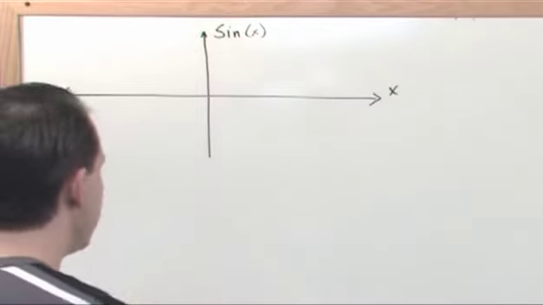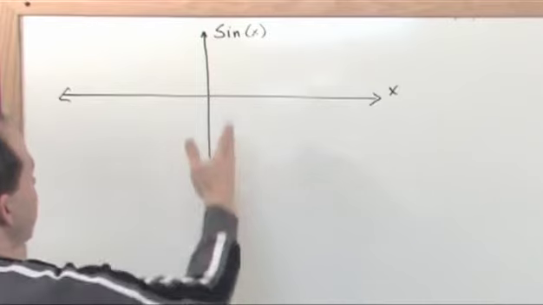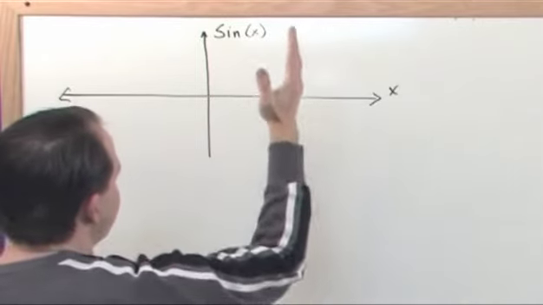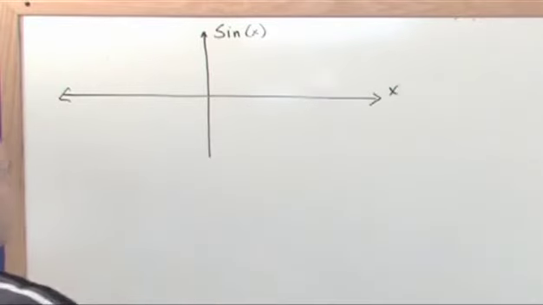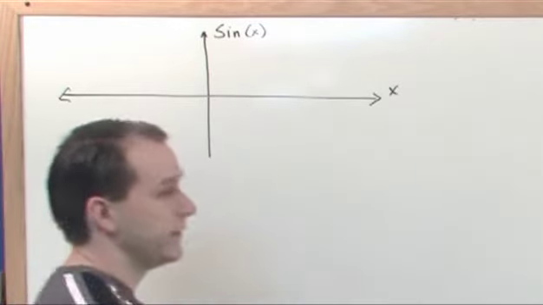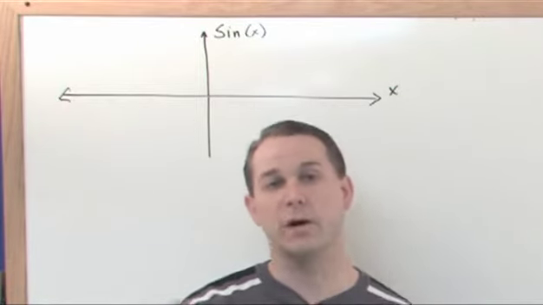Here x is just an angle in radians, pi over 2, 2 pi over 2, 3 pi over 2, whatever, and when you put this angle into the sine function, out spits a number, and if you recall, the sine function always spits out a number between -1 and +1.